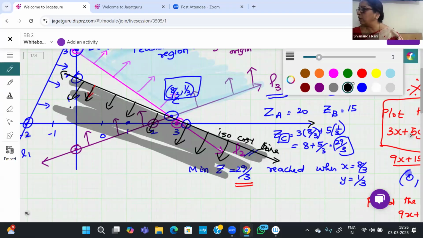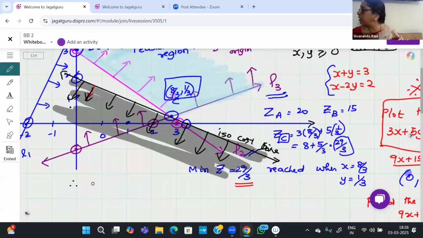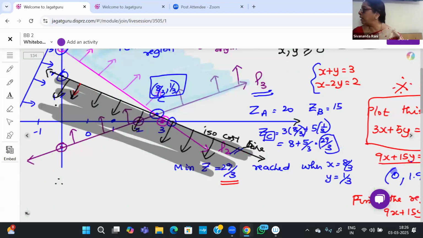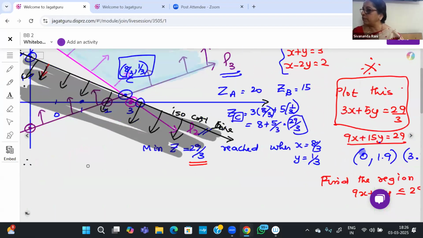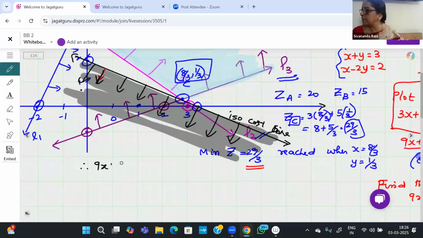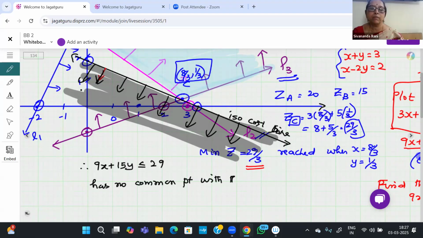So what do you conclude? What should you write? Therefore, the region corresponding to 9x plus 15y less than 29 has no common point with the feasible region. That means what? There is no other point in the feasible region which can fetch you the minimum.